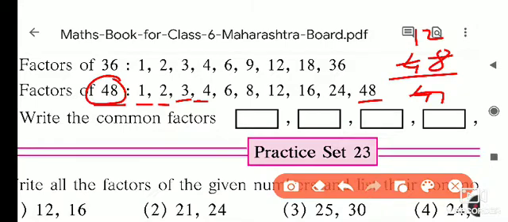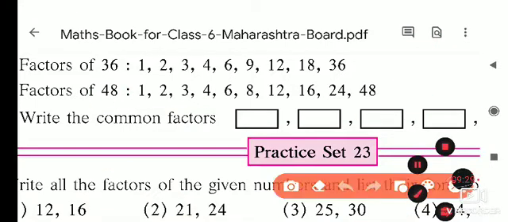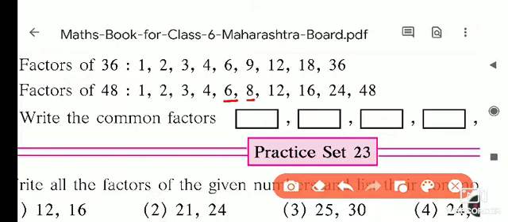Now 6. 6 8s are 48, which means the table of 6 has 48 inside, and 8 6s are 48, so 8 is also a factor of 48. 12 ones are 12, 12 twos are 24, 12 threes are 36, and 12 fours are 48, so 12 is also a factor. 16 ones are 16, 16 twos are 32, and 16 threes are 48, so 16 is a factor. 24 ones are 24 and 24 twos are 48.